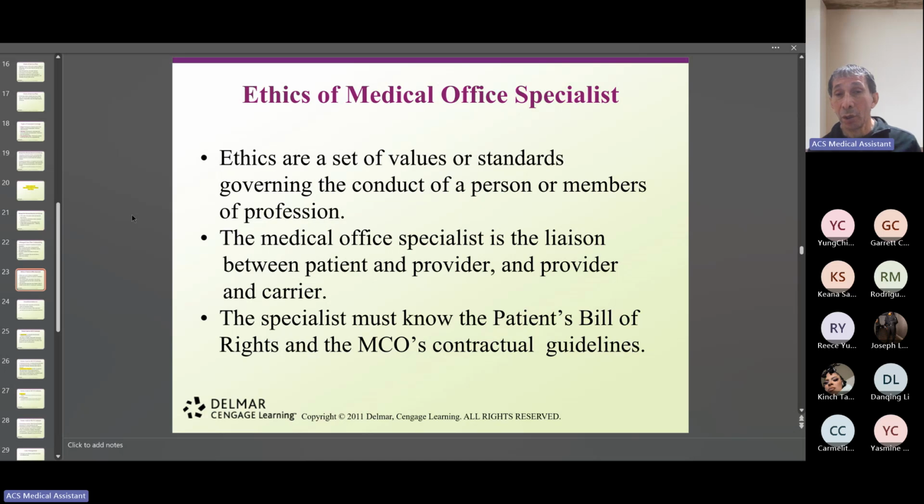Billers and coders are called specialists, because you have a specialty, which is being a biller or a coder. Well, it is your obligation to know and be familiar with the patient bill of rights. This is not something you put on the side.